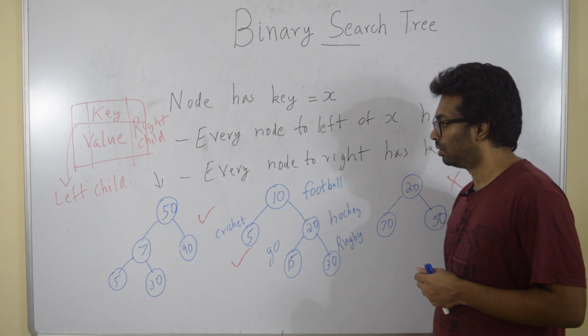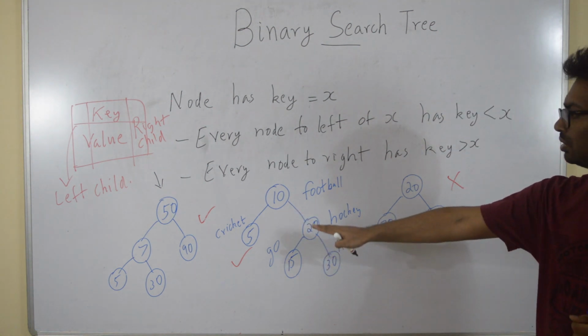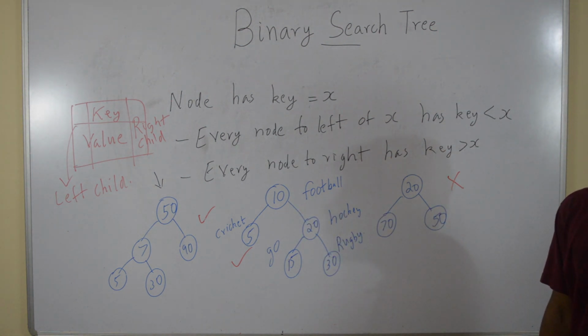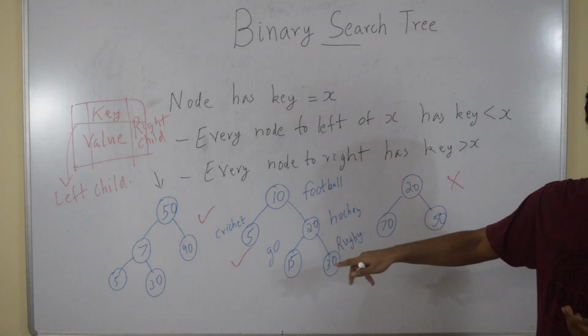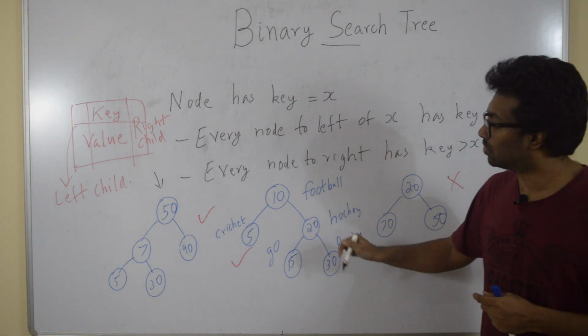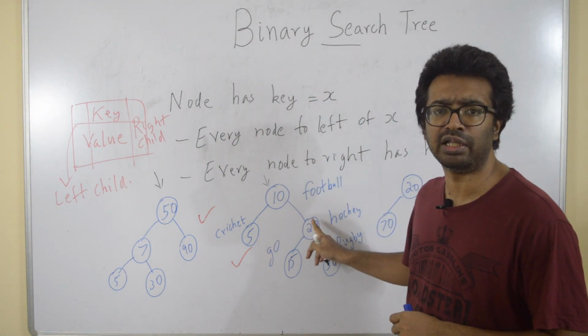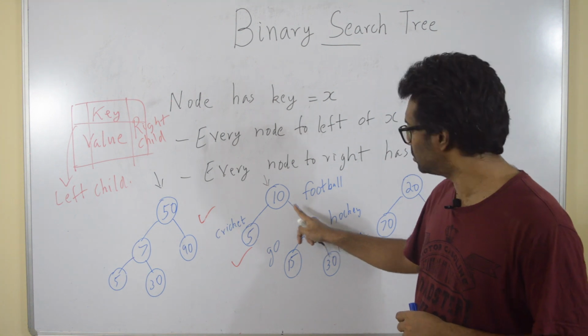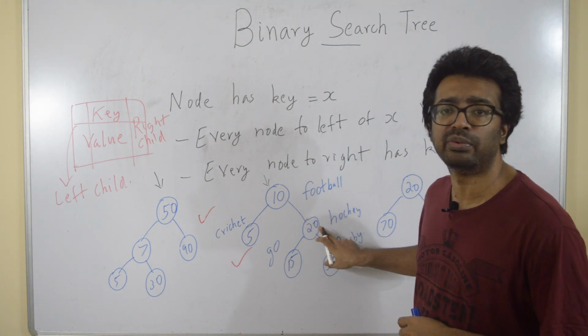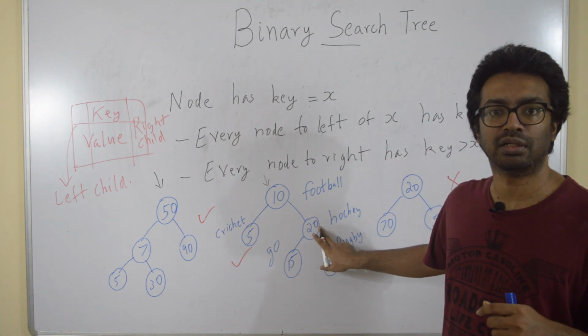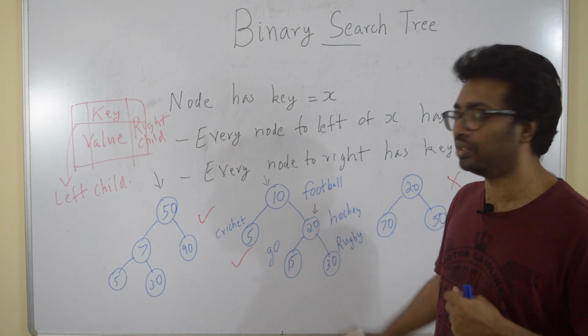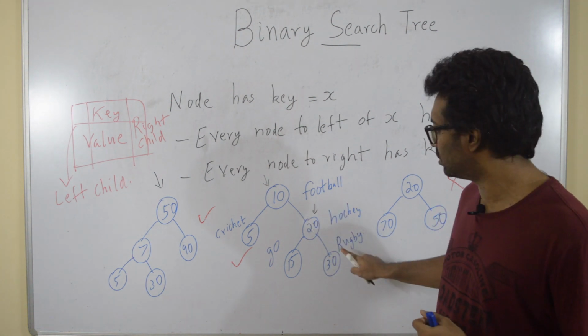Good. Let's come to this tree. I am searching for, let's say, 25. 25 is not there in this tree, but I'm searching for 25. So I start from this node 10 and 25 has to be on the right, because 25 is greater than 10. So I come here and I see 20, and 25 is greater than 20, so I know I have to search on the right.